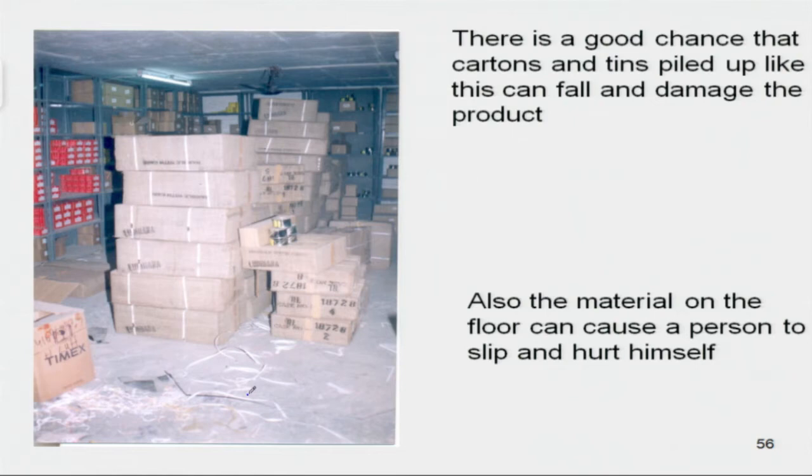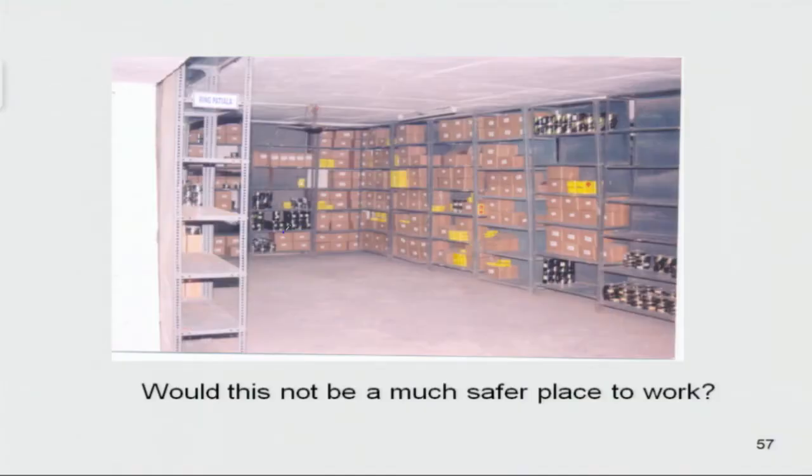This is the metal tape that is used to fasten some of these cartons, and if somebody is walking, one can easily cut oneself with this. You have products that are just lying out in the open, and again these are precision machined parts, which again if the parts were to fall on the floor, it's quite possible that they can get damaged. So both a person as well as the product can be hurt.